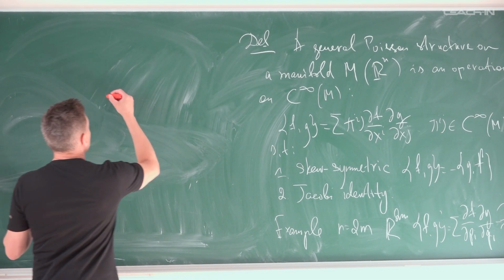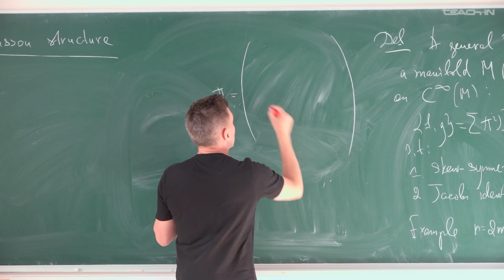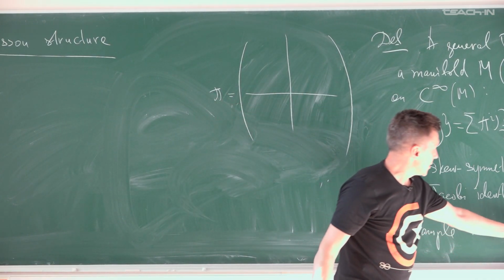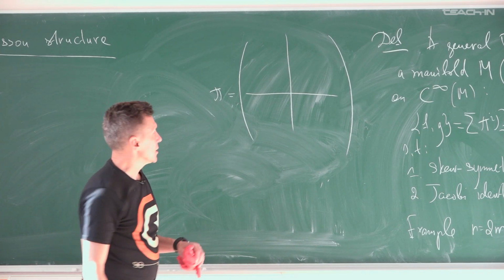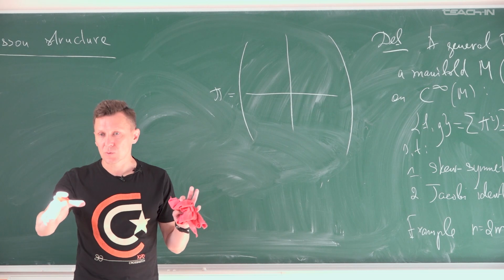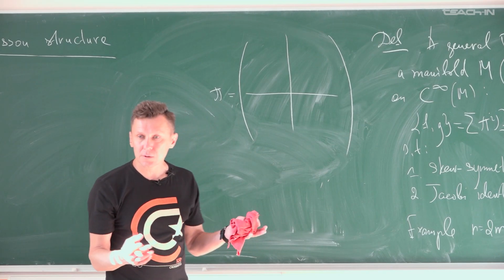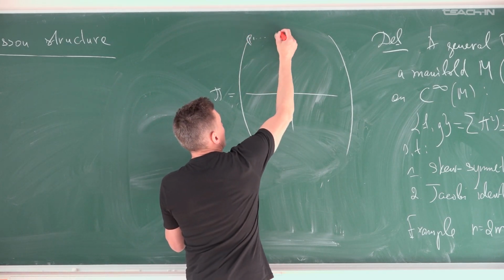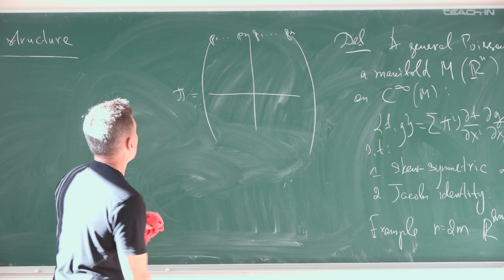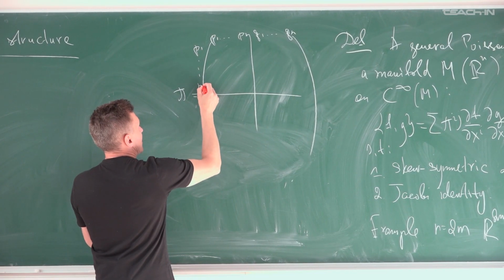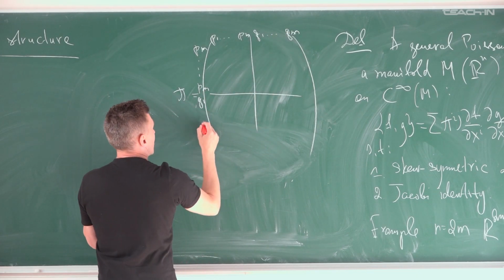It is very convenient to express pi as a matrix. In this case of the even dimension of our space, we can divide our space into parts, part of coordinate p and part of the coordinate q. So here is p1, pm, q1, qm.